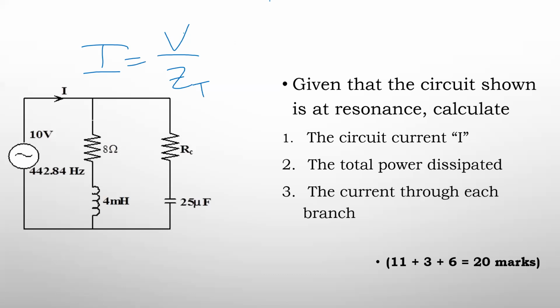Well, we could recall the total admittance, and then from that we could get the real part of the equation, because since it's resonating, the imaginary part would be equal to 0.